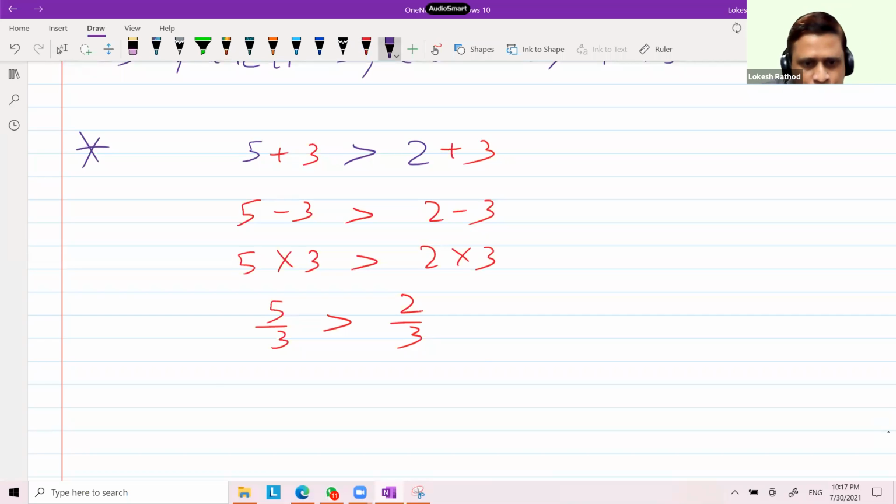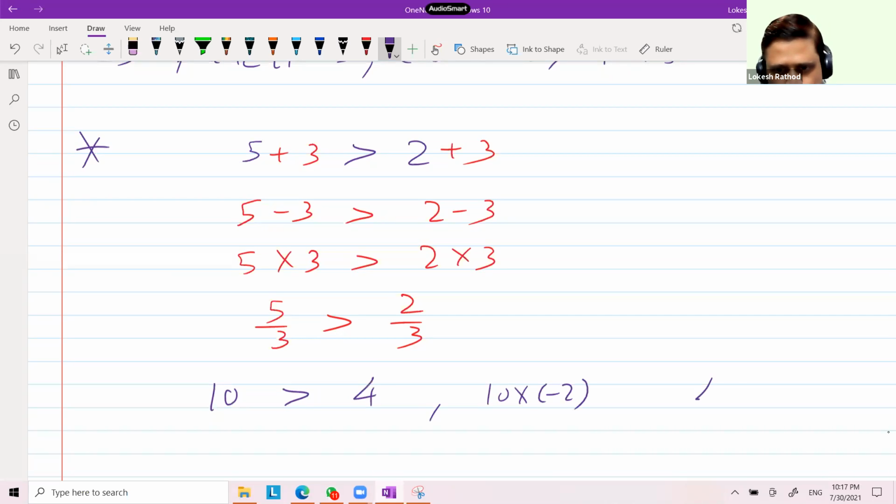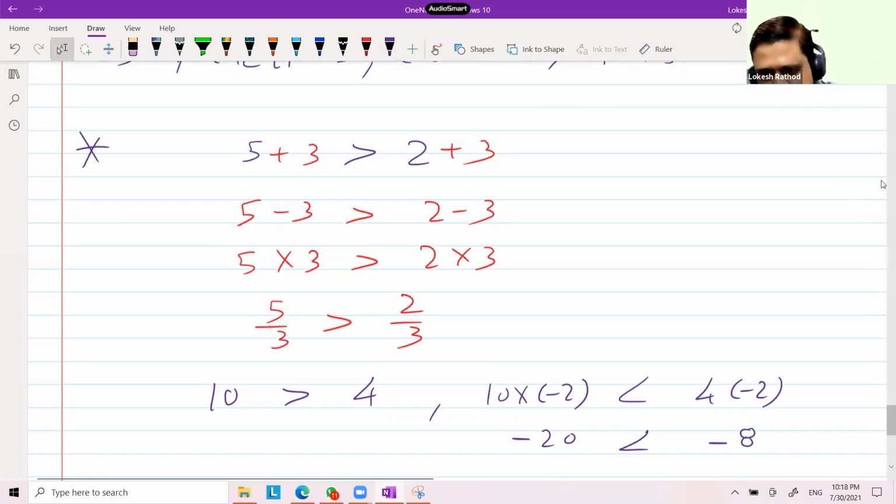But suppose 10 is greater than 4 given, and if I multiply by a negative number, say 10 times minus 2 and 4 times minus 2, it is minus 20 and minus 8. So which one is bigger now? Minus 8 is bigger. The sign of inequality changes. So whenever I am multiplying with a negative number, the sign of inequality changes.